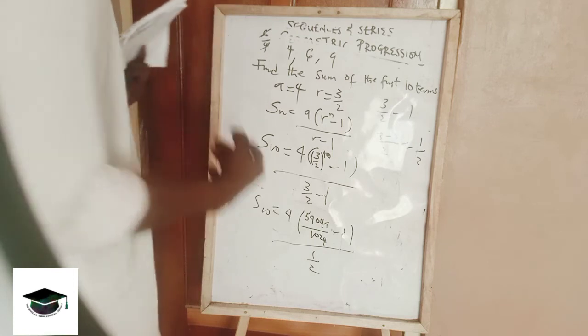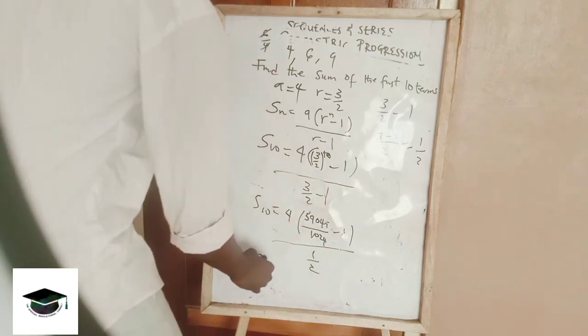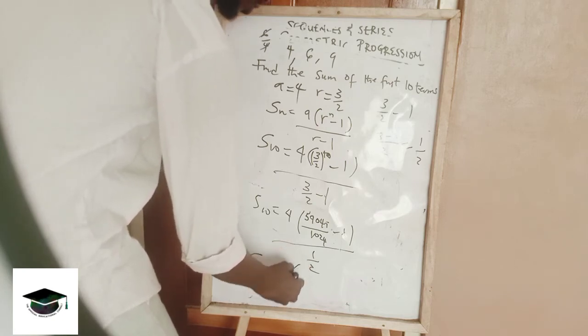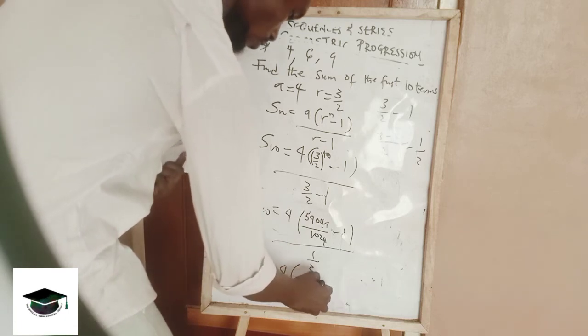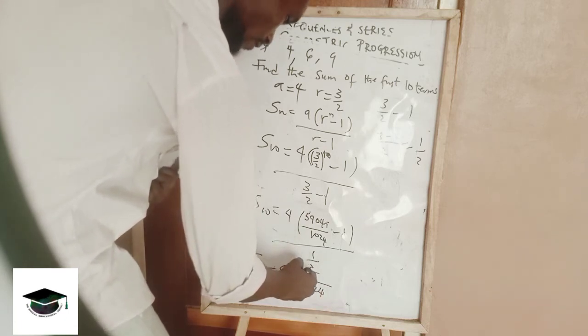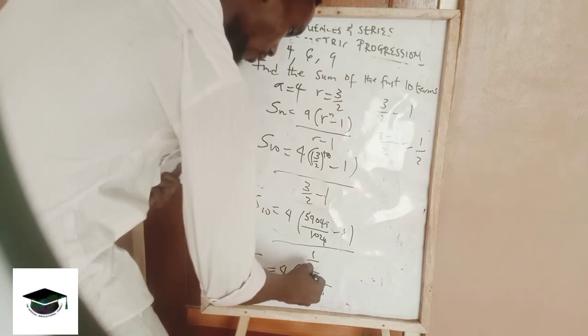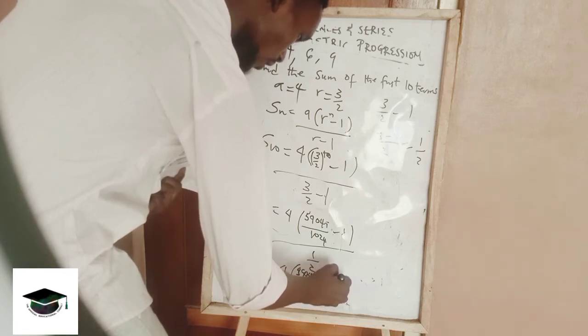Is that taken? So now, inside this bracket here, we can simplify it. S10 equals 4 open bracket, inside this bracket, is going to be 59049 minus 1024, right?